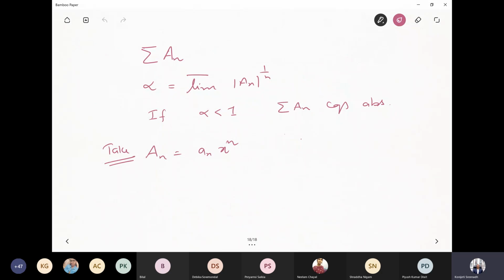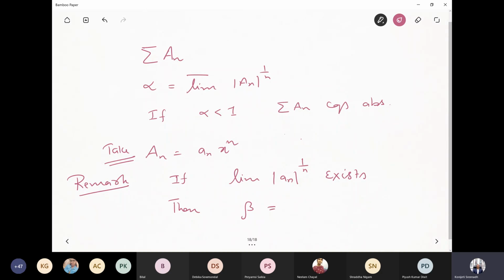So an important thing that we note here is, if the limit of mod a_n power 1 by n exists, then beta may be written as the limit as n tends to infinity of mod a_(n+1) by a_n.